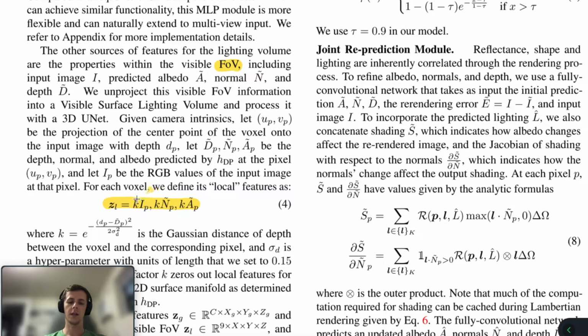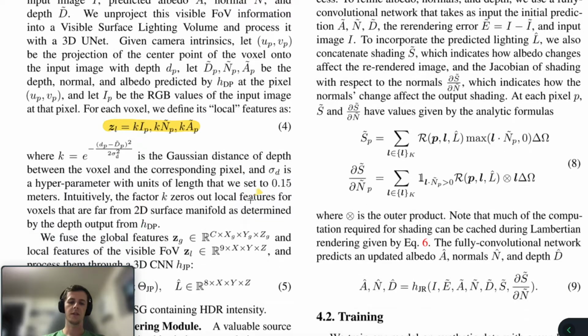They take the input image pixels, normal, and albedo, process them, and multiply by k, which is a Gaussian distance between the voxel and the corresponding pixel. They also have this sigma, which is a hyperparameter.